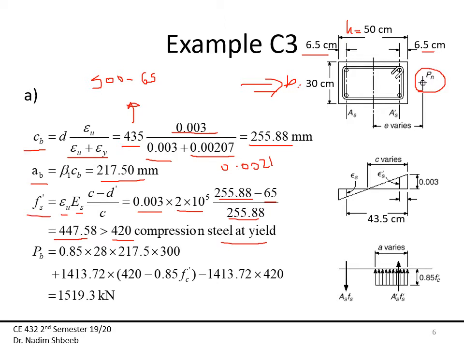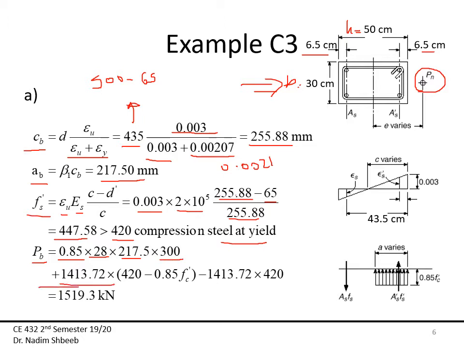Okay, so from that I could actually calculate now my balance axial force, which is going to be my 0.85 times F prime C times A times B, which is again 300.